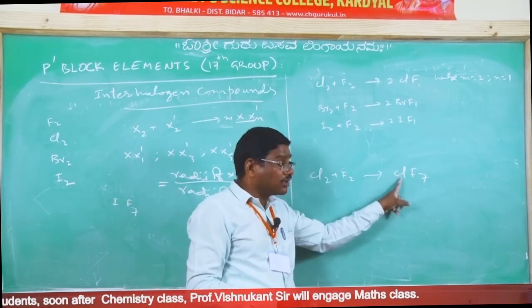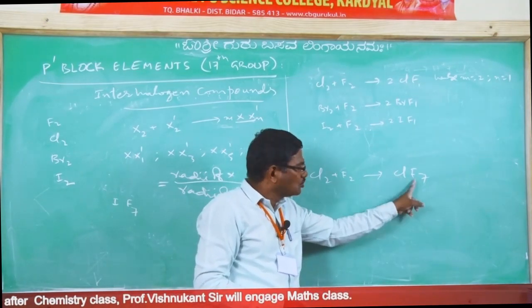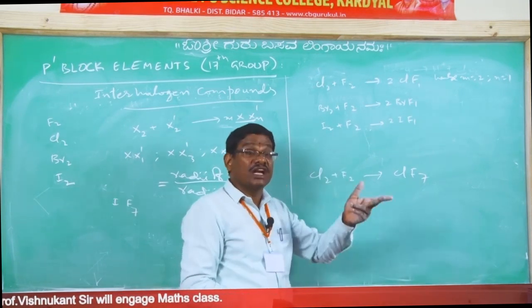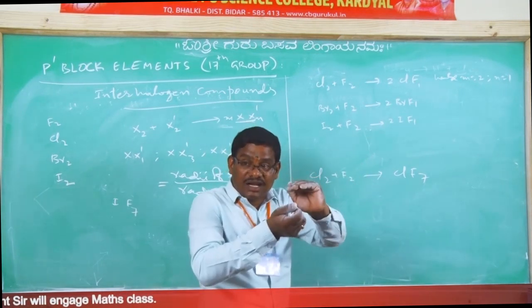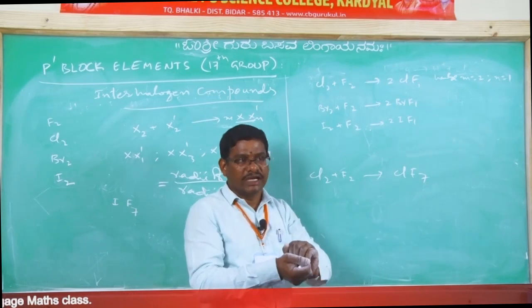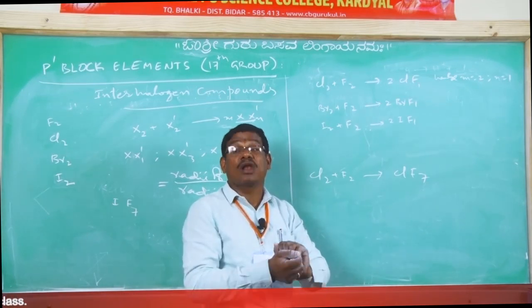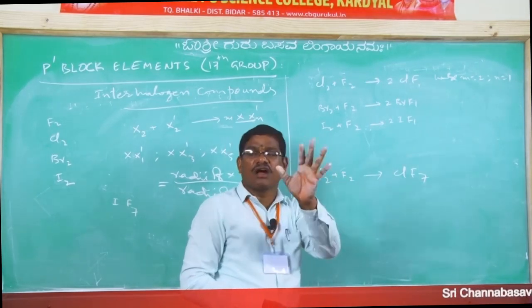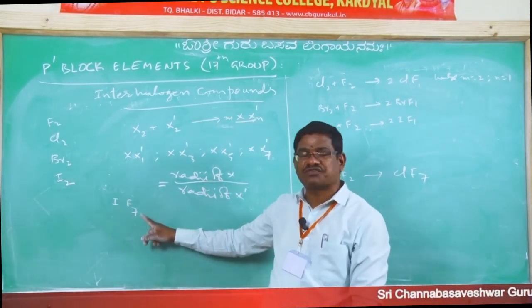The ratio of the atomic radius of Cl to the atomic radius of F is not bigger. If that is not bigger, in that interhalide we may not find more halogen atoms. Therefore, ClF7 is not much stable compared with IF7.